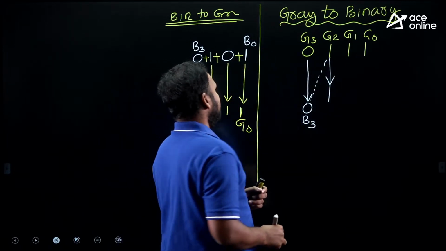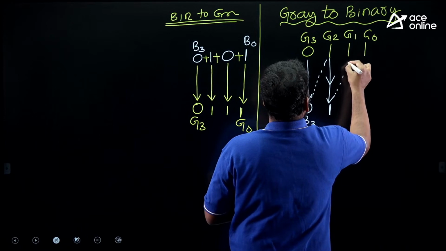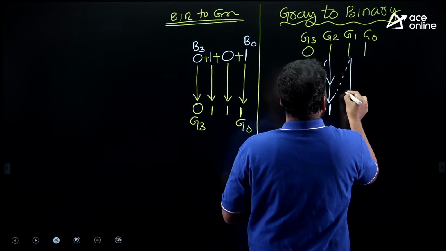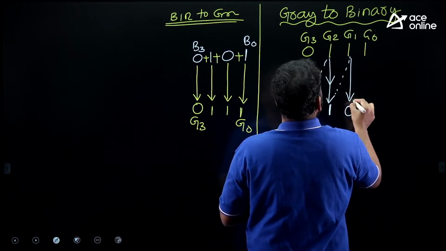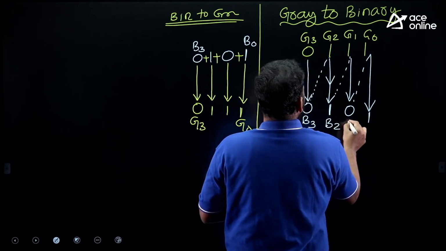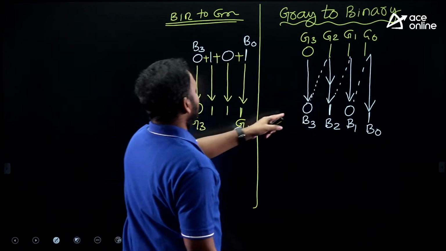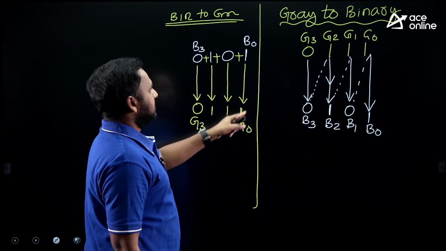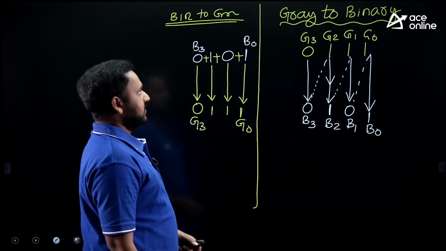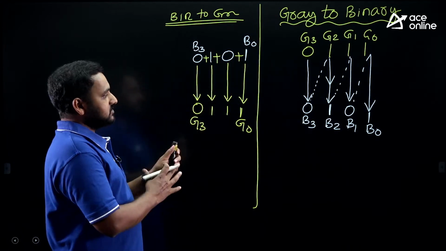Luckily here we don't have a carry. So, 0 plus 1 is 1. Then 1 plus 1 is 0 with carry, ignore the carry. So, that 0 you write here. Then 0 plus 1, you write 1. So B2, B1 and B0 give 0101. Yes, we know 0111 is the gray code equivalent of binary 0101. So, 0101 is obtained. This is the method to convert binary to gray and gray to binary. You use the methods, you will get the answers.